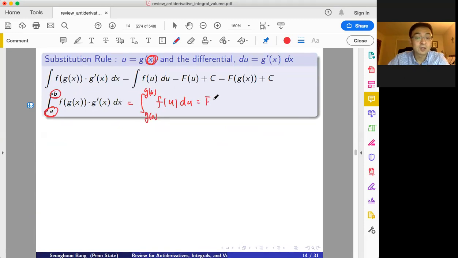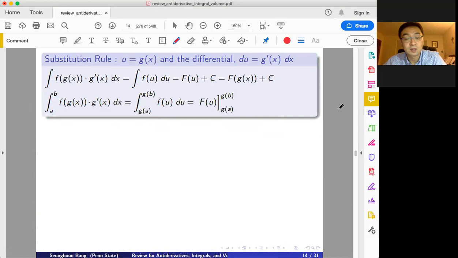Find the antiderivative from g of a to g of b. You can plug in g of b and g of a: f of g of b minus f of g of a. This is the whole idea for solving this problem.